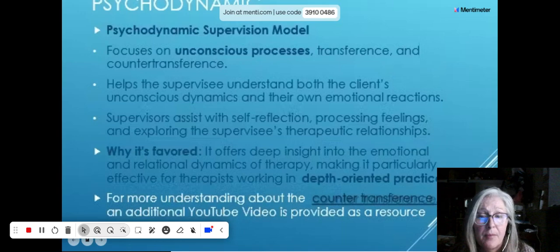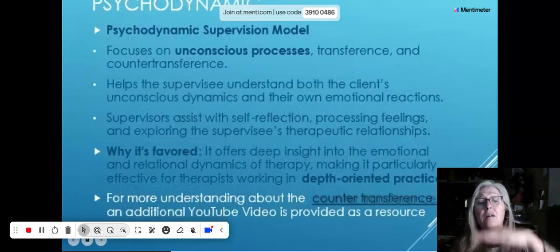The psychodynamic model has a couple of tiers, or categories. The first one focuses on the client: the case conceptualization, what's going on with the client, looking at that holistically, and what relationships the client has and how they have those relationships. Then it takes it up to the clinician as the focus, and the clinician's relationship with that client.